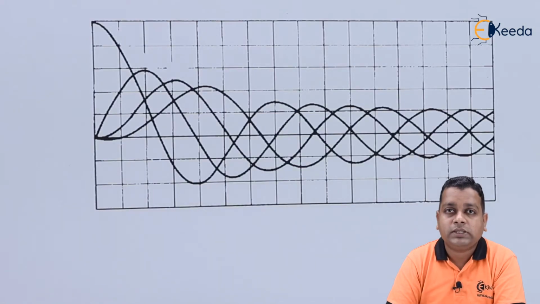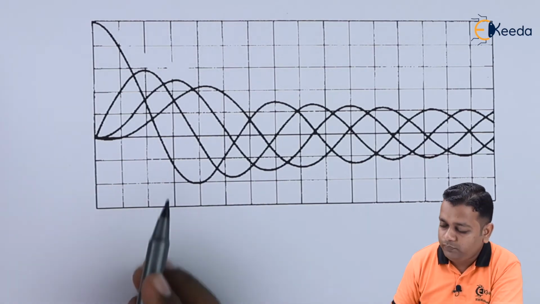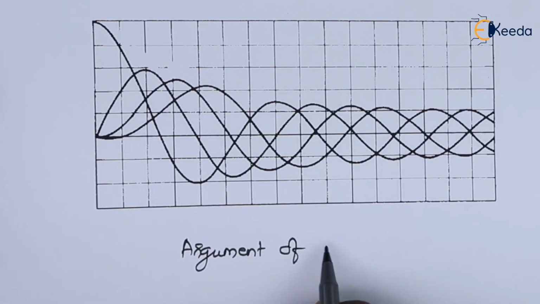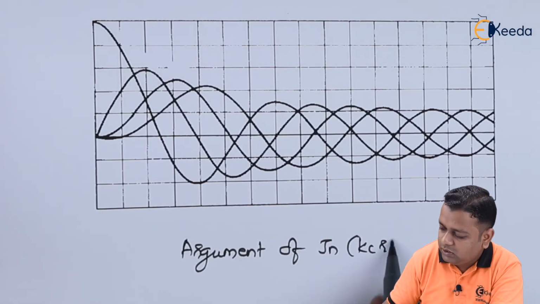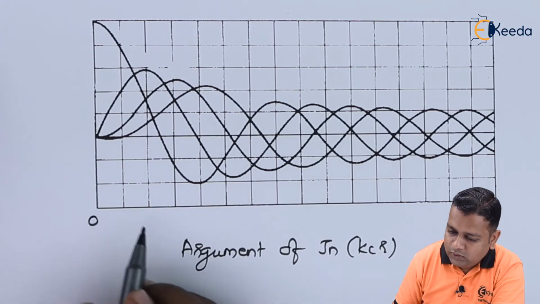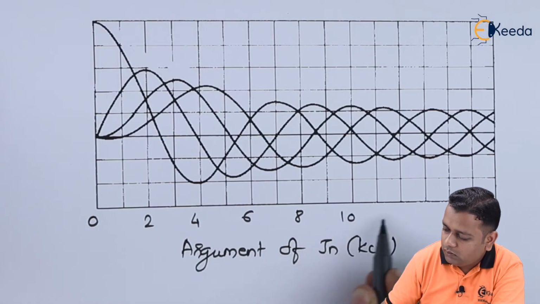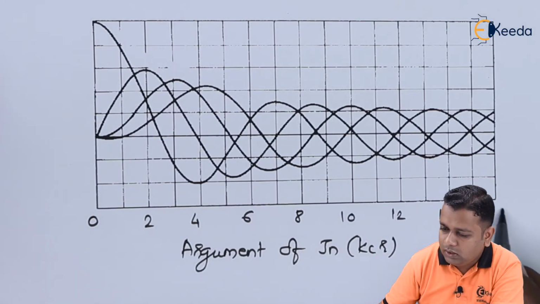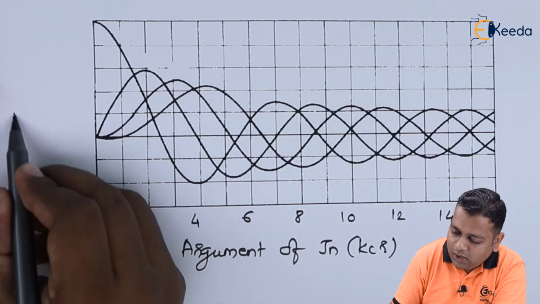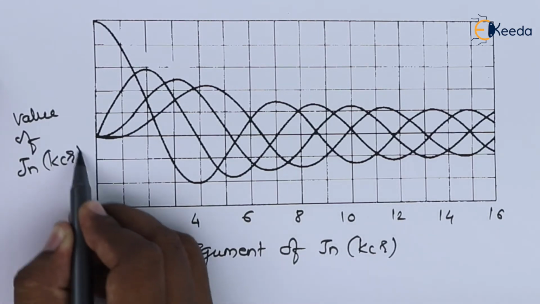So here we express the nth order Bessel function of the first kind shown in the schematic diagram, where we have the argument of Jn as a function of kc into r plotted onto the horizontal axis with the values 0, 2, 4, 6, 8, 10, 12, 14 and 16 here, whereas onto the vertical axis we have the value of Jn as a function of kc into r here.